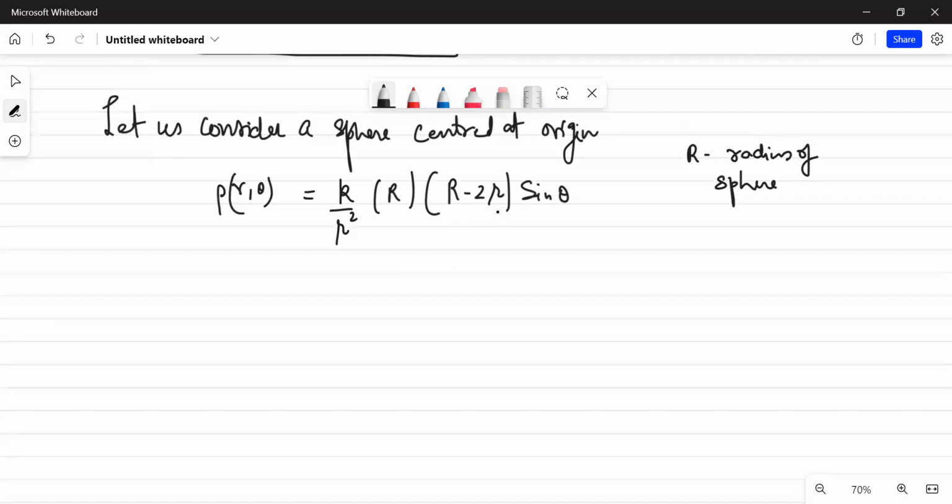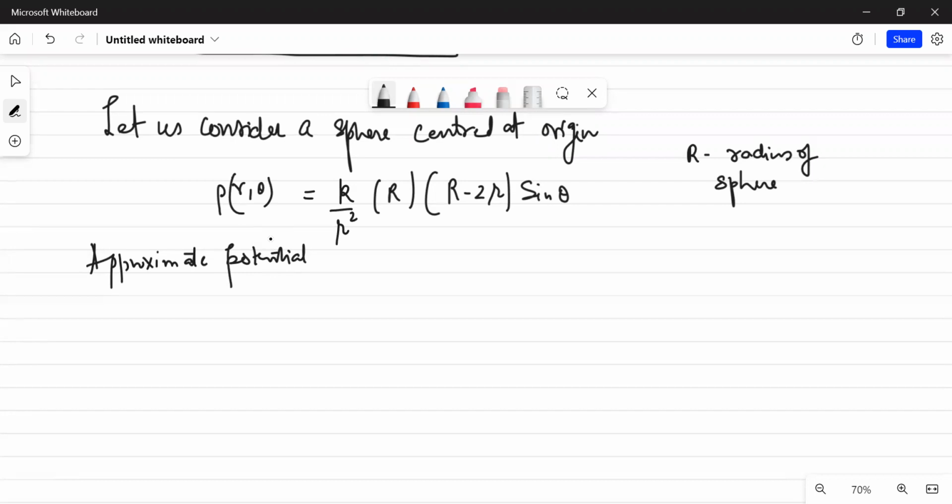you have this sort of volume charge distribution, and one needs to find what is an approximate potential. What is an approximate potential at a distance z?